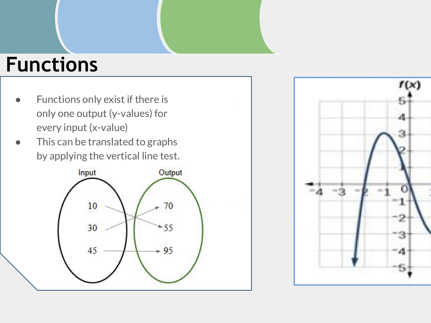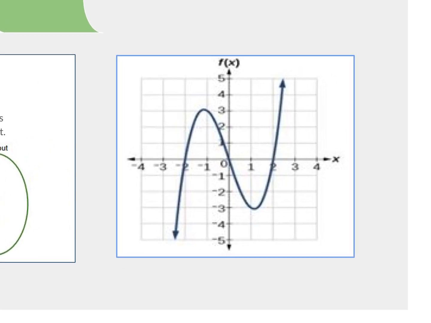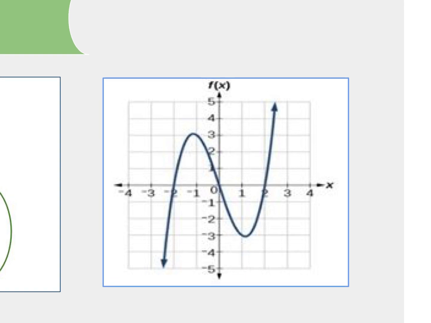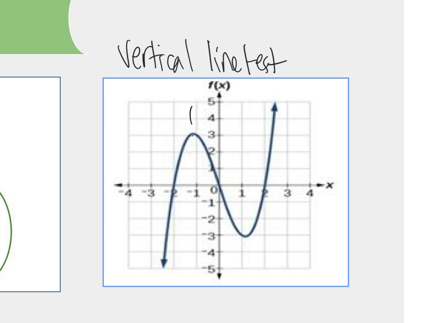Now, there is a way to do this on a graph that's a little bit more interesting. So we have what's called the vertical line test. The vertical line test allows us to determine if something is a function or not. To do that, all you have to do is draw vertical lines. Now, it's impossible to draw all of them, so just take a few.